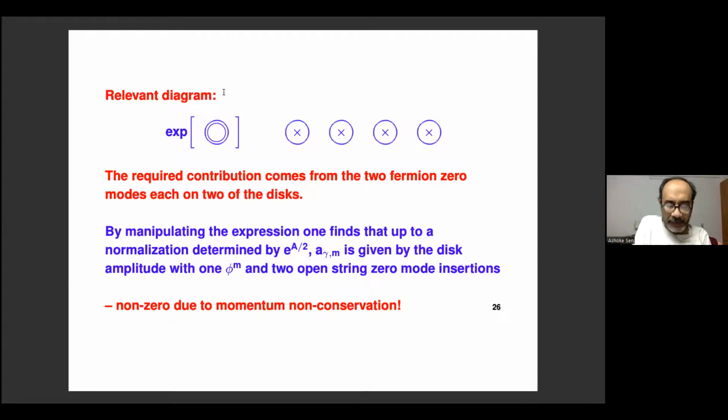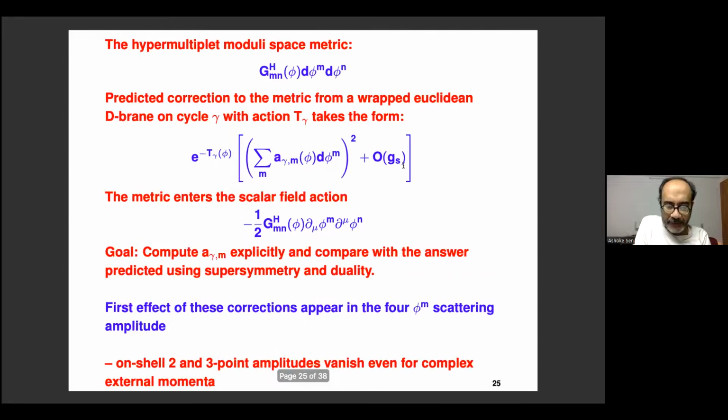And then you manipulate this expression. So this is the 4 fermion amplitude. You compare this with the 4 scalar amplitude that is predicted by this correction, and you have to massage that expression a little bit.